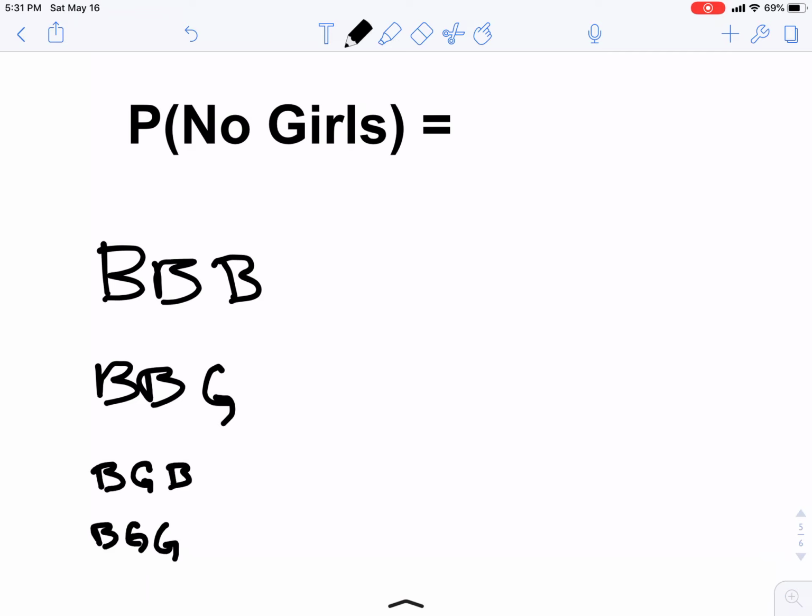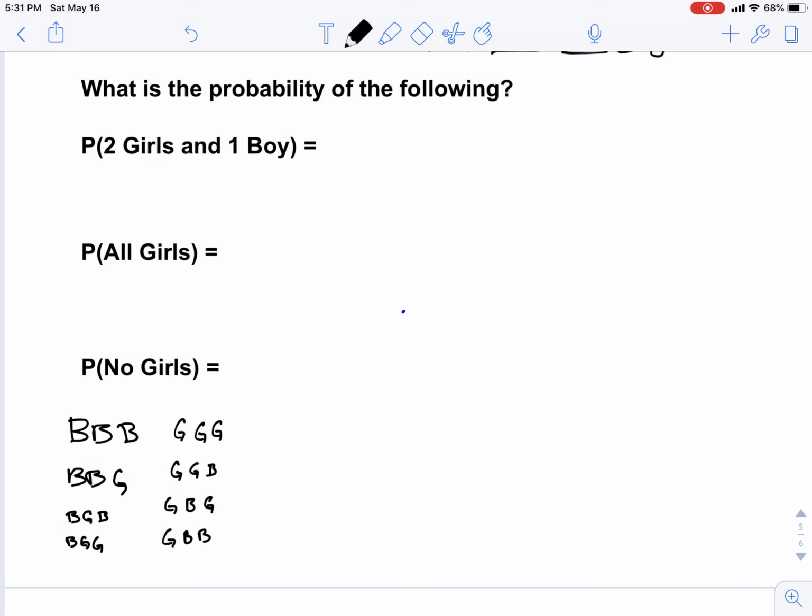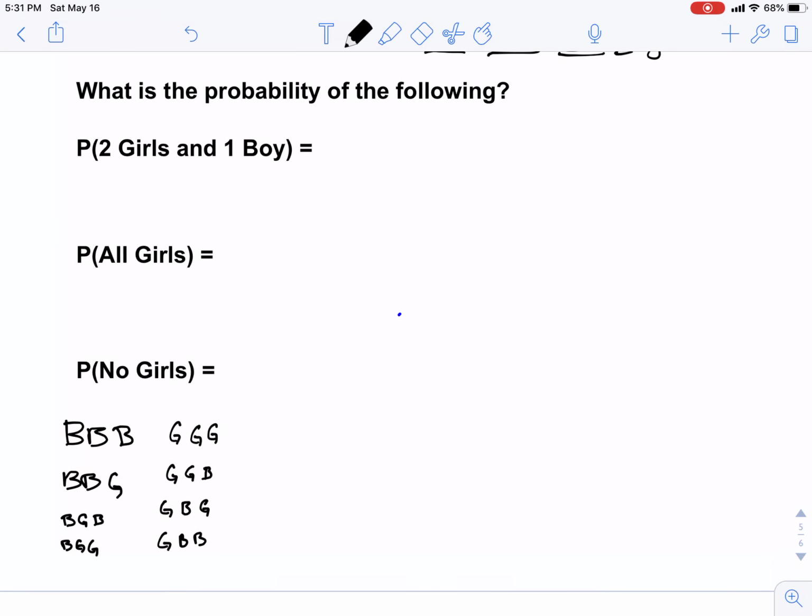Now what happens if the first child was a girl? It could be girl, girl, girl, or girl, girl, boy. Could be girl, boy, girl, or girl, boy, then a boy. So those are our 8. Okay, those are going to help us out. What's the probability that it's 2 girls and 1 boy? Well, here's one that has 2 girls and 1 boy.